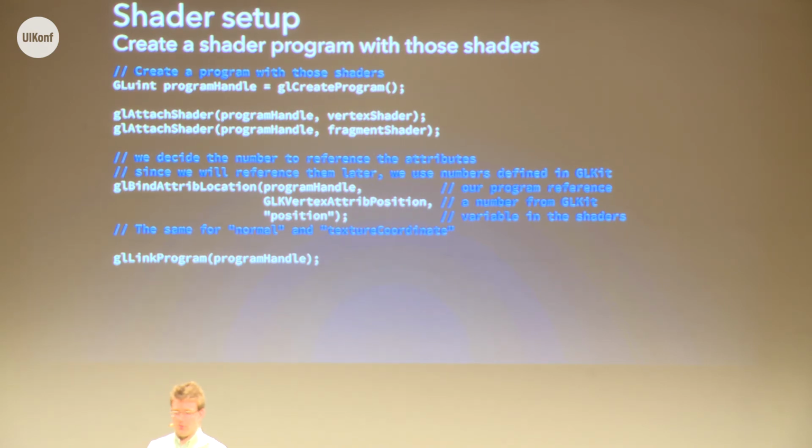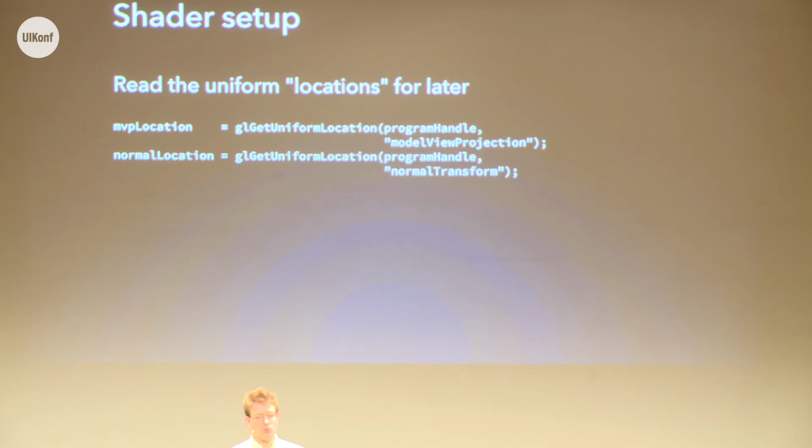So they are very descriptive. We do this for all the attributes, and then we link the program, just as you would compile and link a program, except that this happens at runtime. When we have done this, we read the locations of all the uniforms, because we're going to pass data into those later on. So we store those locations also for later use.